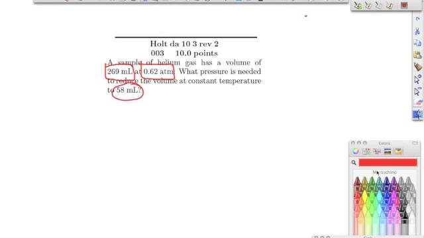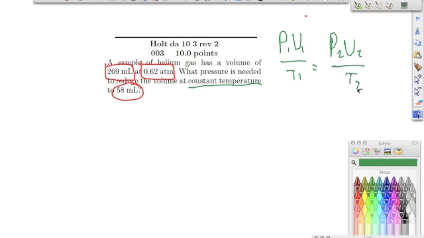Now, because it said constant temperature, I know that I'm going to be dealing with Boyle's law. If we remember, we don't have to know all the laws, but if we know our combined gas law, P1V1 all over T1 equals P2V2 all over T2, and if temperature is constant, we just take it away, and there's Boyle's law.